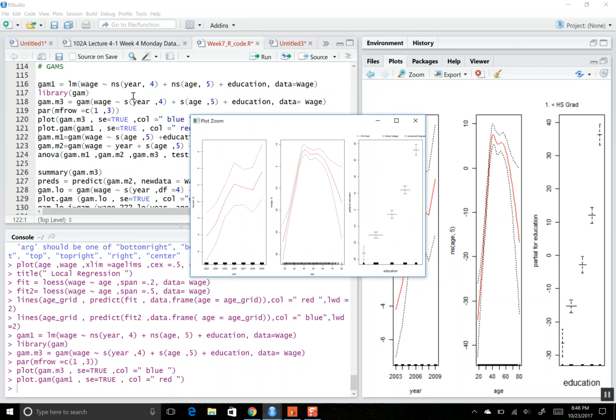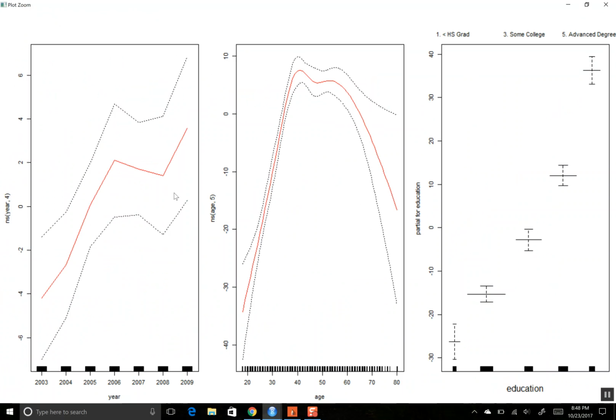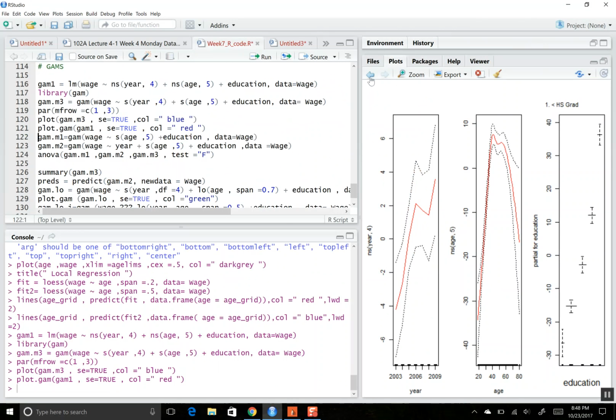And so with the gam, we fit natural splines, and this is what our natural splines look like. So something similar, there's a little bit of difference between the gam splines and the natural splines, but overall very similar. Okay, and we can say, well, maybe year is not that big of a deal.